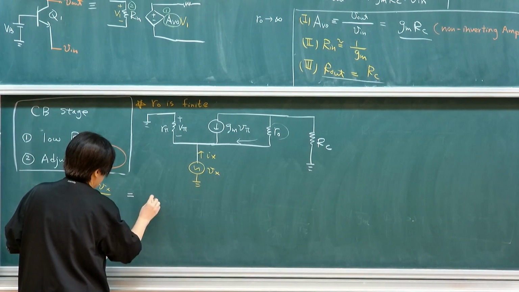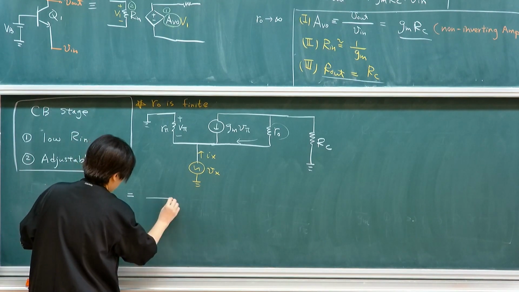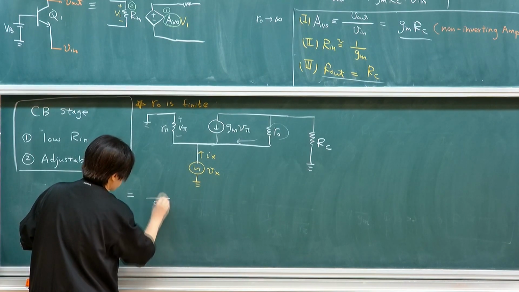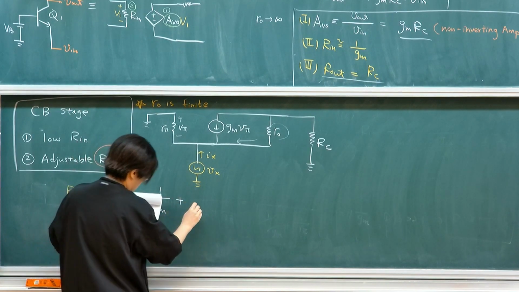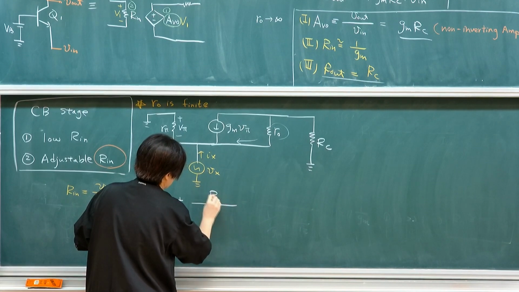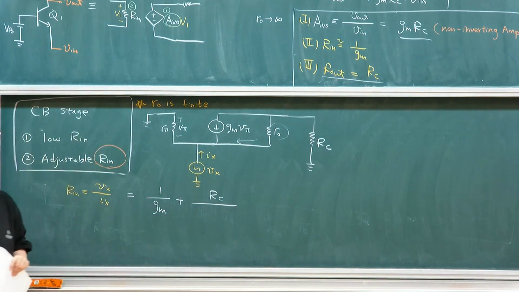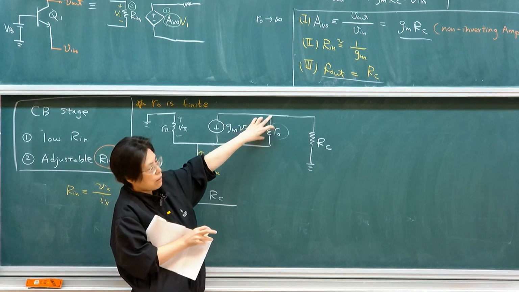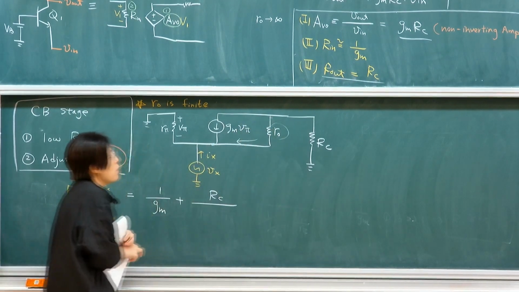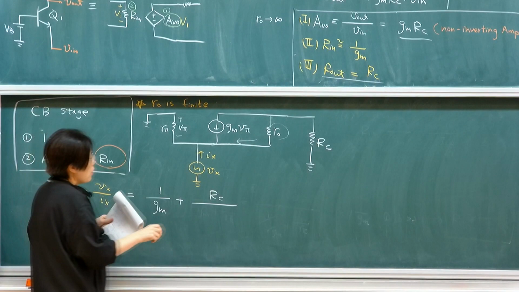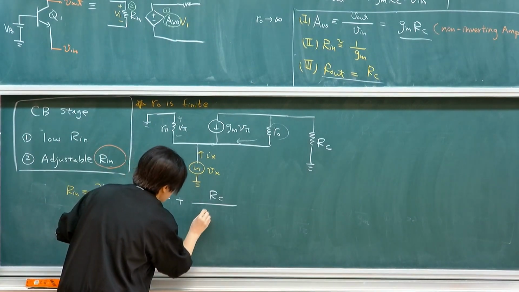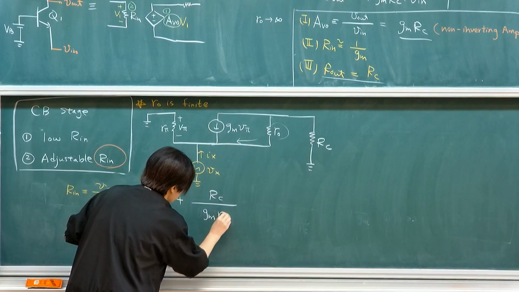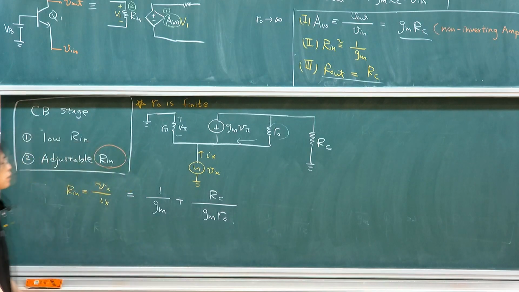So this will then become 1 over GM plus something. The impact of RC will come through because of this feedback through the R out. So then this will give me something. I'm just going to give the results.